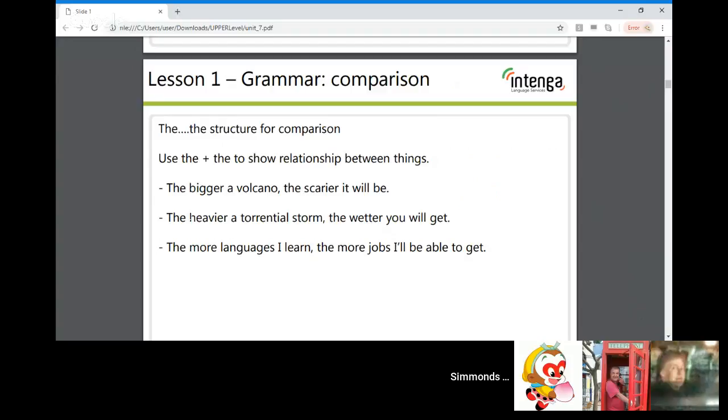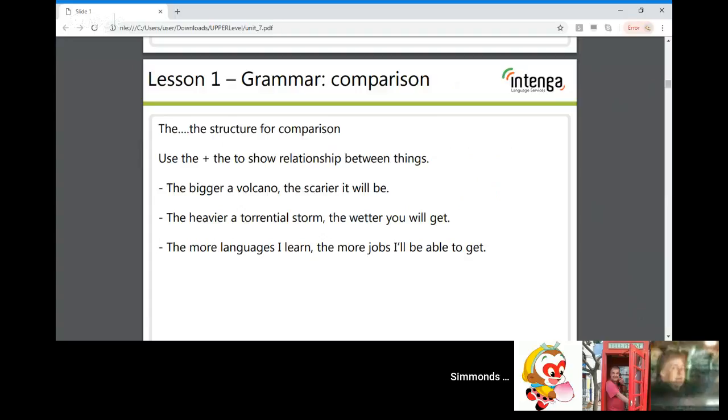The heavier a torrential storm. What is a torrential storm? Let's start with that. Intensive storm. Exactly. And then it says the wetter you will get. Wetter? What's this? Like rain, heavy rain. Exactly. And when it rains a lot and you're outside, you get wet.